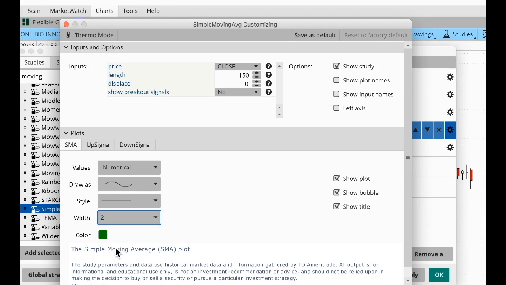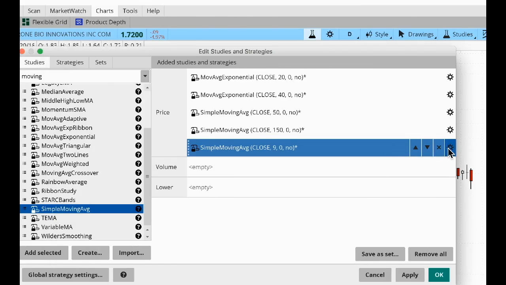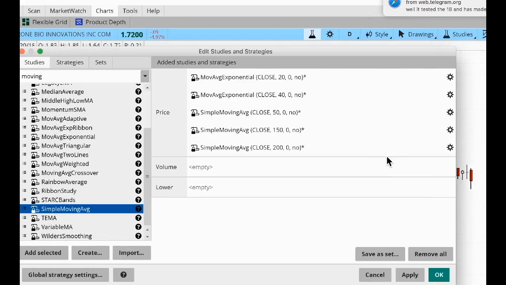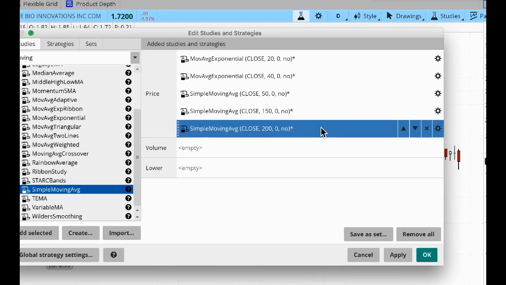Green, thick line. And finally, the 200 moving average, which is the red thick line. Okay, so I put in all my moving averages, 20, 40, 50, 150, 200.